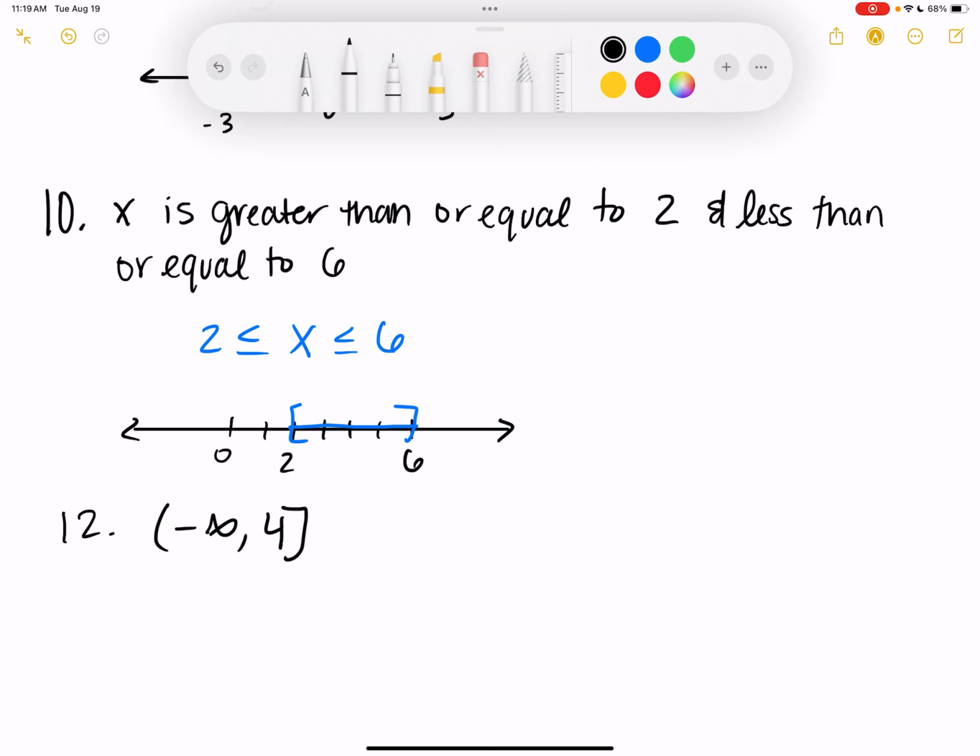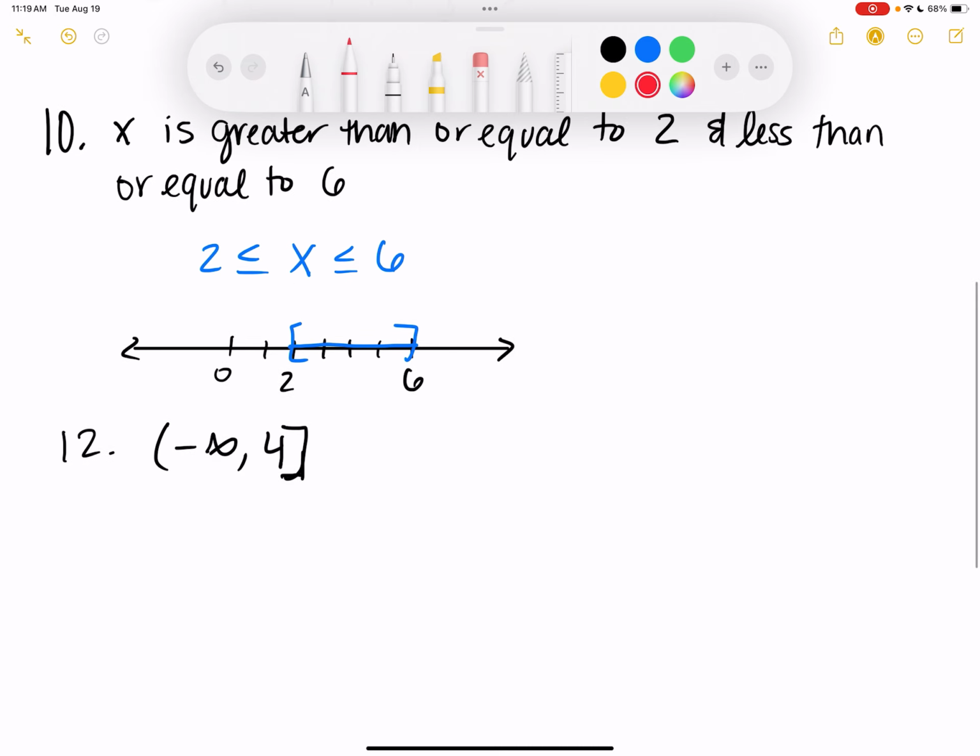So if I want to write this as an inequality, how would I do that? What is an inequality going to look like? Is infinity always open? Yes, infinity's always open. X is less than or equal to 4. Yep. X is less than or equal to 4.